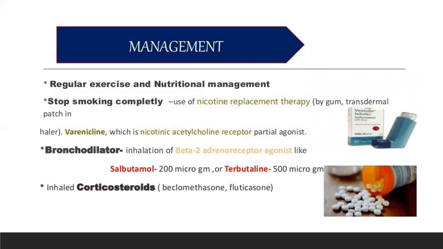The management: regular exercise and nutritional management, stop smoking completely, use of nicotine replacement therapy by gum, transdermal patch, varenicline, which is a nicotinic acetylcholine receptor partial agonist, and bronchodilator inhalation of beta-2 adrenoreceptor agonist like salbutamol 200 micrograms or terbutaline 500 micrograms, inhaled corticosteroids.